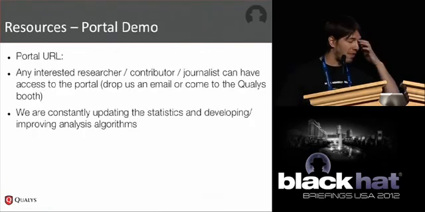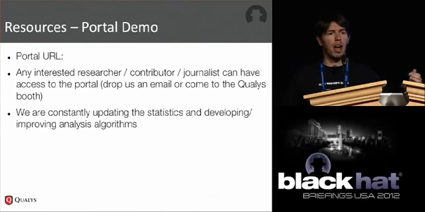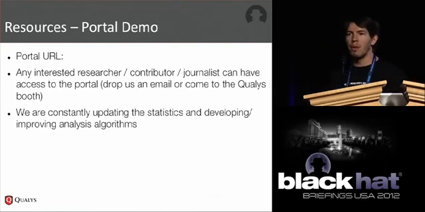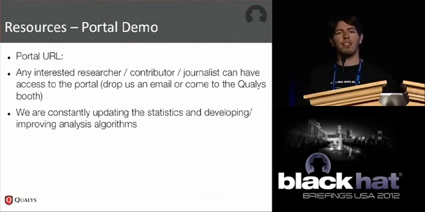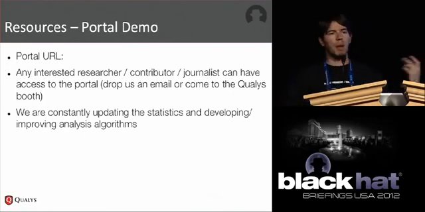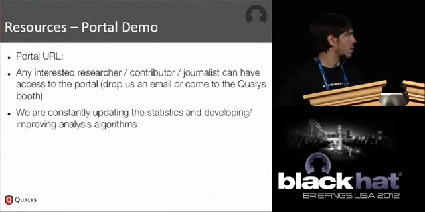Another resource available for people is the portal itself. We are going to be on the Qualys booth, showing the portal. So anybody who is interested in knowing more, seeing the report, or whatever we have on that portal for researchers, or talking more, come talk to us, drop us an email, come to the booth and see what we have there.